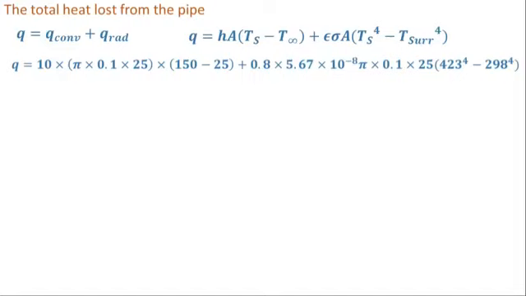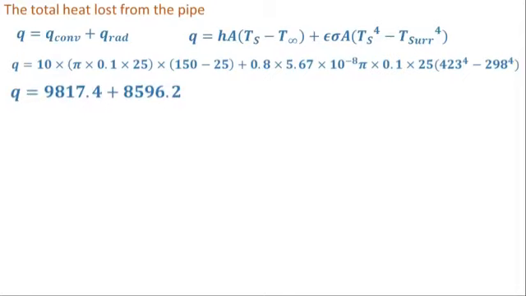And same for the surrounding, which is at a temperature of 25 degrees centigrade. 25 degrees centigrade is equal to 298 Kelvin.